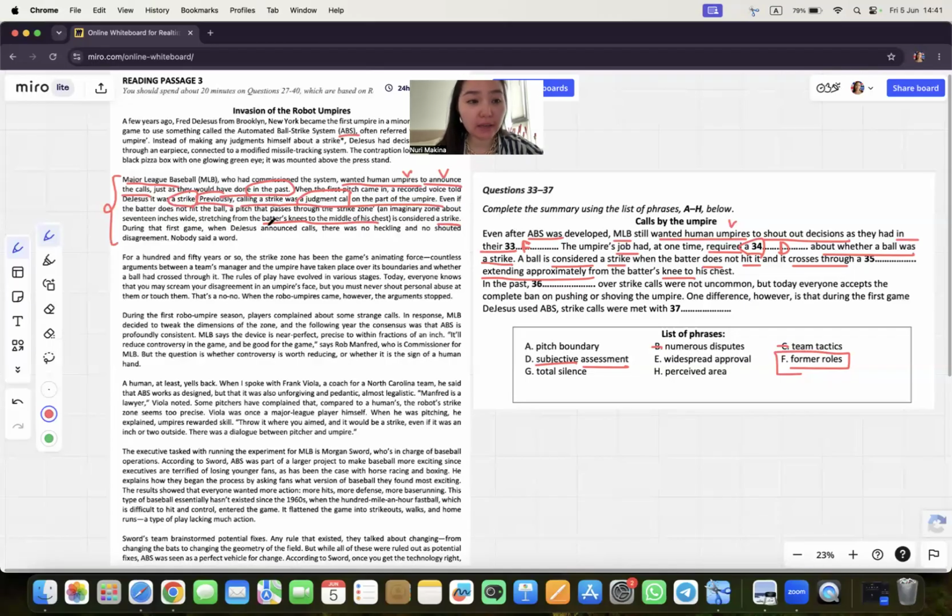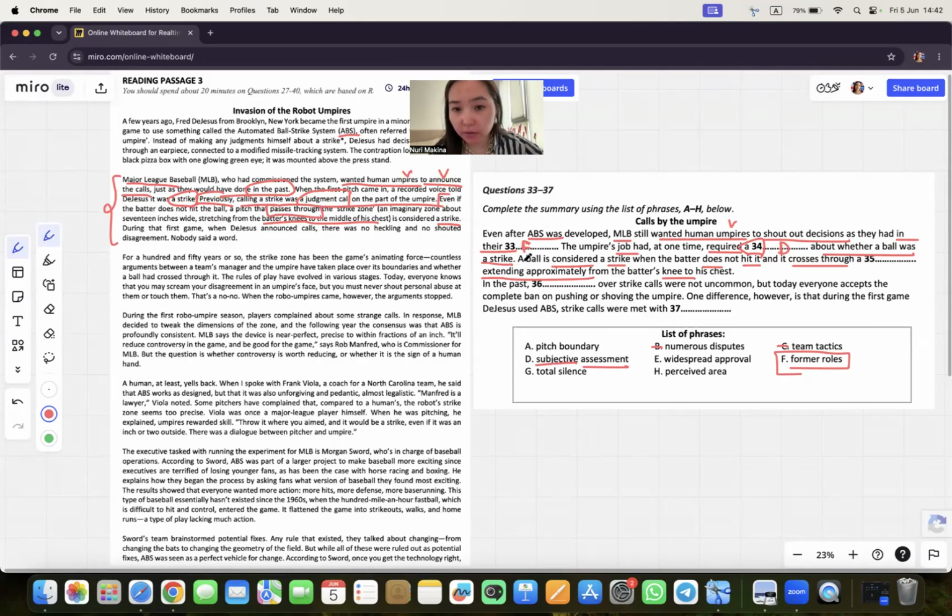Even if the batter does not hit the ball, which is here, does not hit it, a pitch that passes through the strike zone, an imaginary zone about 17 inches wide, stretching from the batter's knees to the middle of his chest, is considered a strike. Yes, a ball is considered a strike, as you can see here, and crosses through, which is passes through, right? This is a very easy one to match. And a strike zone, an imaginary zone.